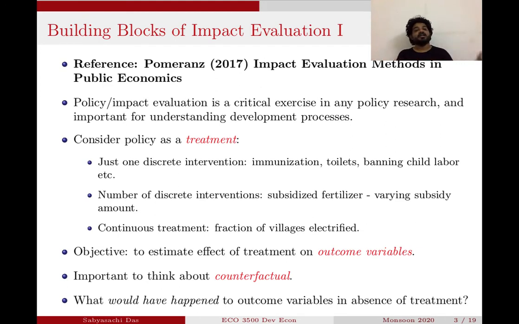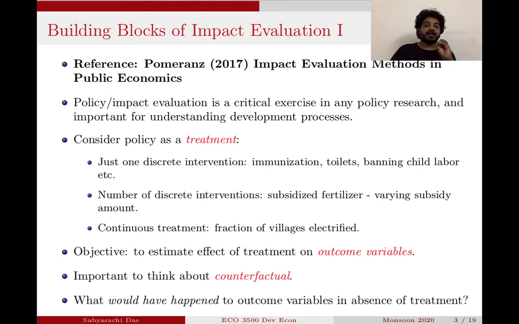And finally, you could have a treatment which is not a discrete variable, but a continuous treatment. So for example, you want to find out whether electrification increases growth of firms. So your cause or treatment here is electrification, and your outcome variable of interest is firms' employment growth or growth in revenue, whatever.